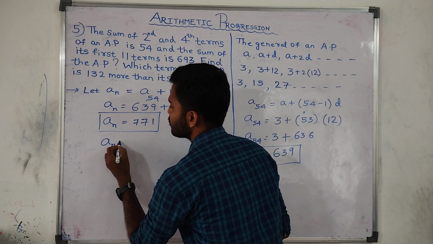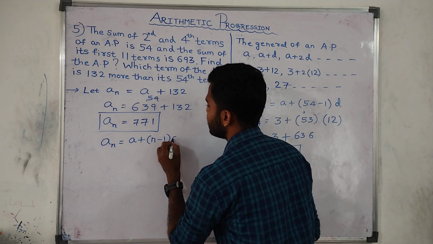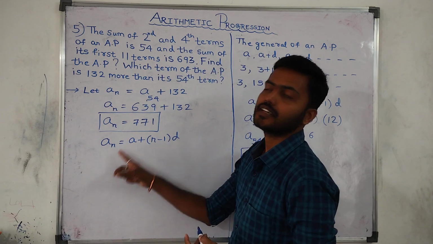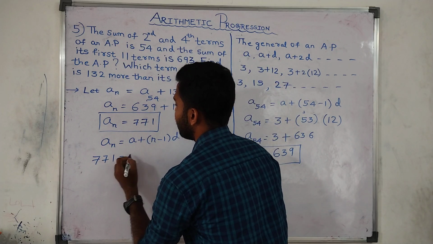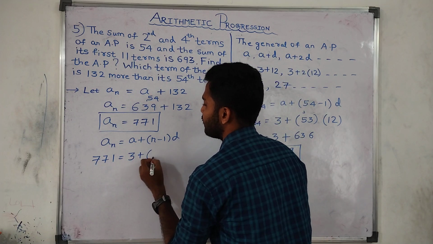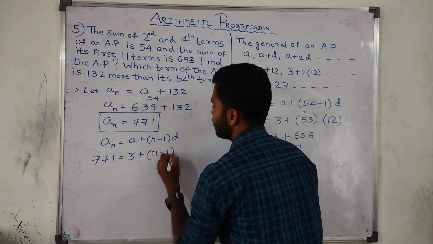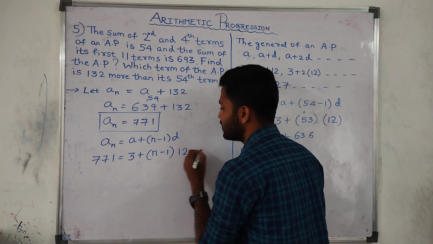An is equals to A plus N minus 1 into D. In place of An, I am substituting 771. The A value we know, it is 3, plus n value we do not know, keep it as it is. Then d value is known, which is 12, right?